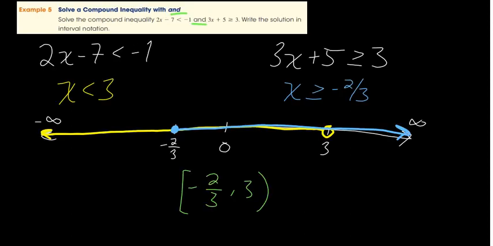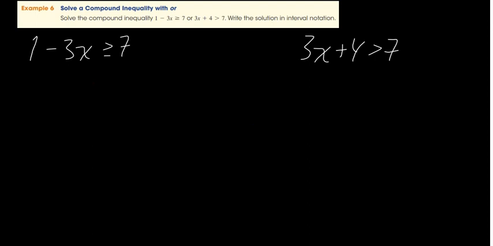We did yellow to blue. So yellow, we're going to subtract 1 from both sides on the left here. So if we subtract 1 from both sides, we have negative 3x is greater than or equal to negative 6.